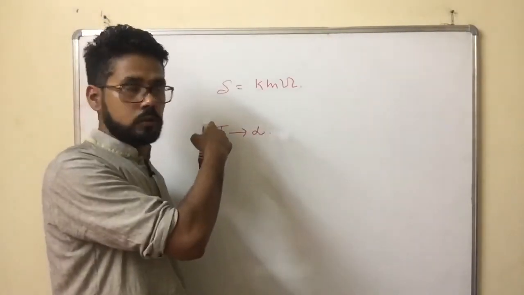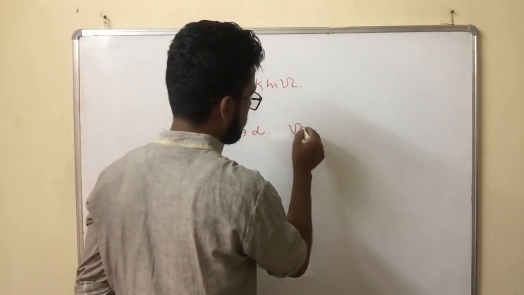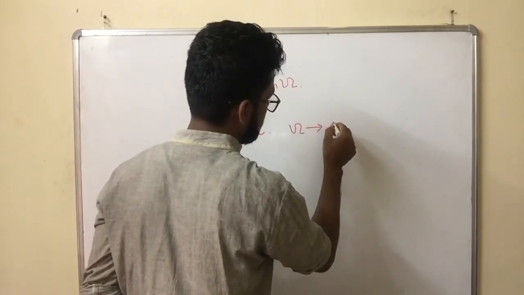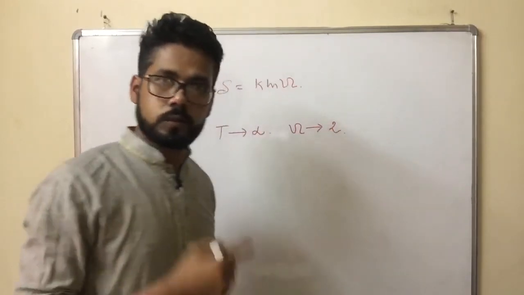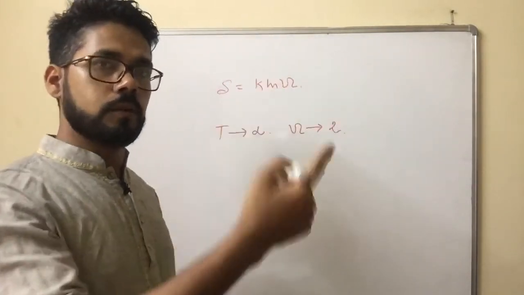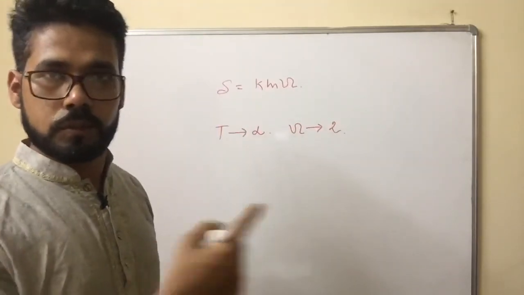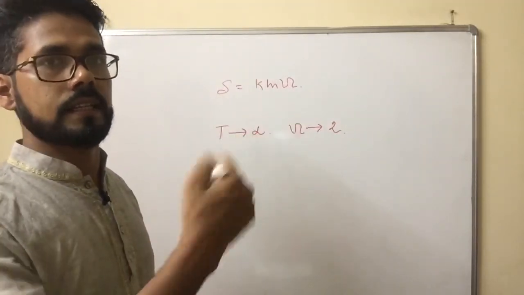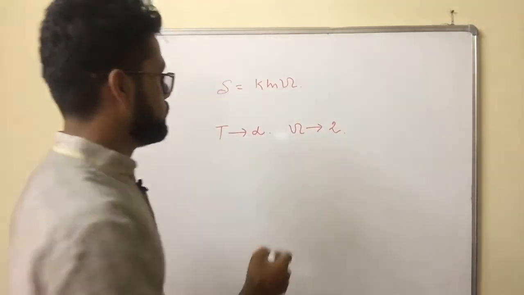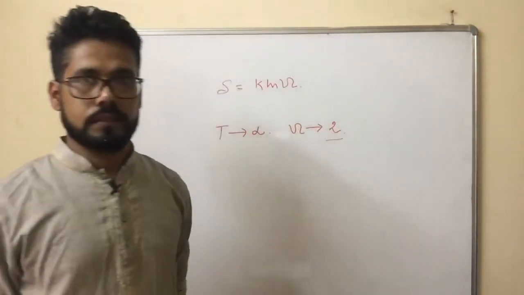In case 2, the number of microstates for each particle is equal to 2. One is the upper state, one is the down state. Number of microstates means possible states. So there is the upper excited state and the ground state. There are 2 states, so it is a 2 level system.